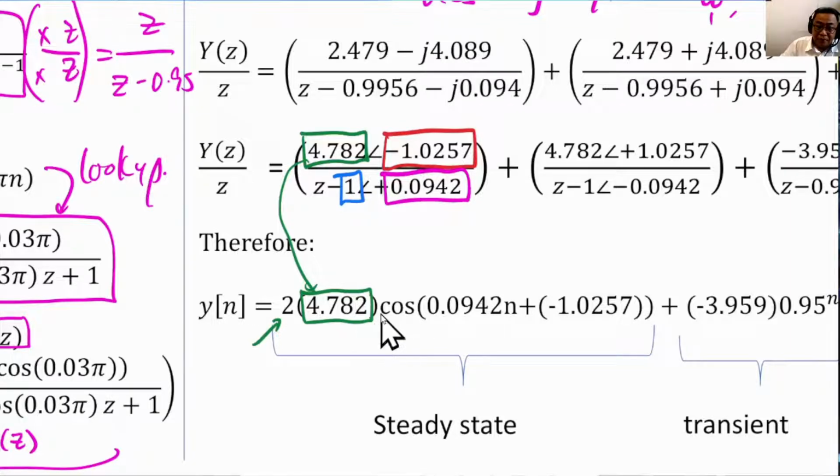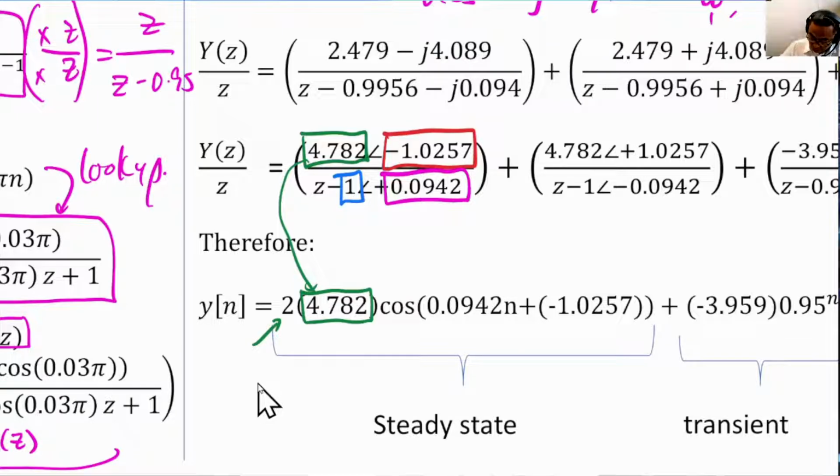So that means the input cosine was 1 times cosine of 0.03 pi n. It has now become 2 times 4.782. So it has become much larger. It went up by close to about 9 times, 2 times 4.7.